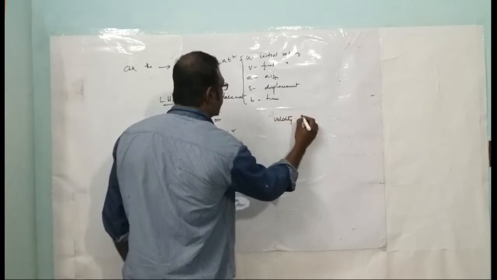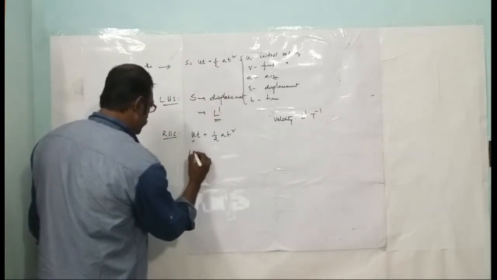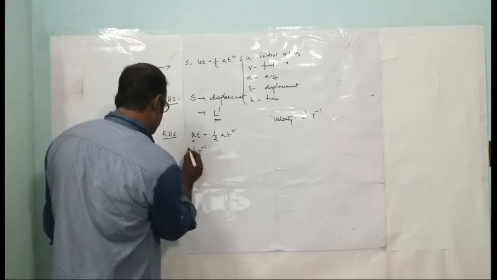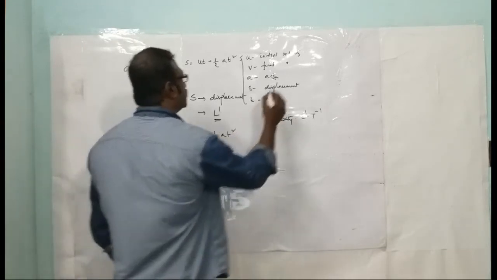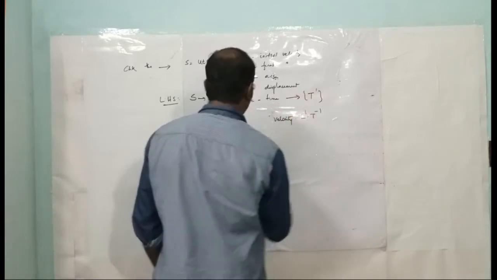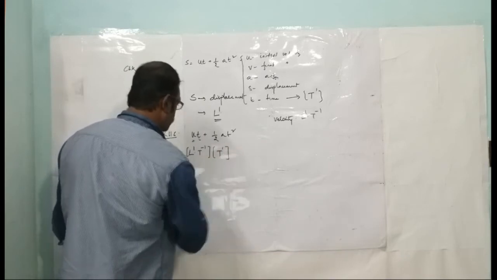What are the dimensions of velocity? It is L1 t minus 1. So L1 t minus 1, and put a bracket to this. And this is the time. The dimensions for time is t1. Now bracket for this and t1.